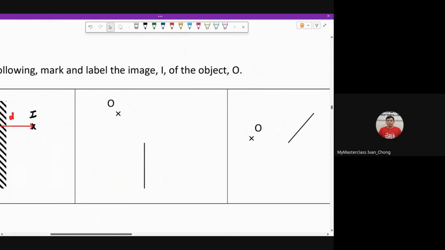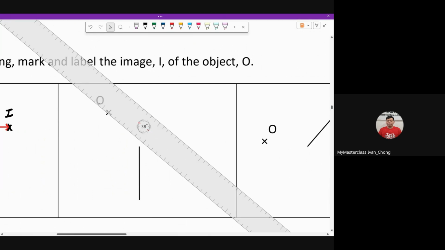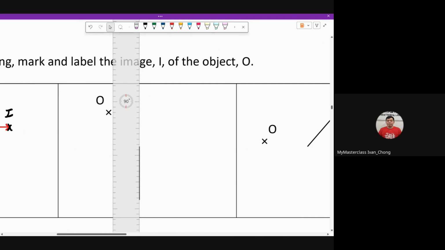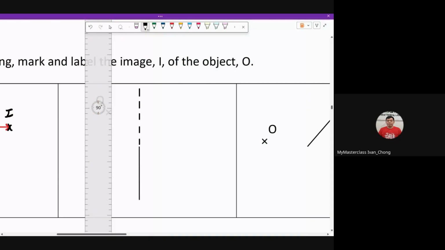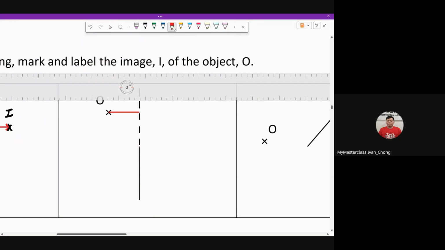Next, second example over here, you'll notice that our mirror is a little bit short. So what you can do is you can take your ruler and just take note, this part over here, because this mirror, nothing exists above here. Dotted line to represent the extension, but in reality, there is no mirror over there. So same thing, we're going to take 90 degrees and we will want to measure this over here.